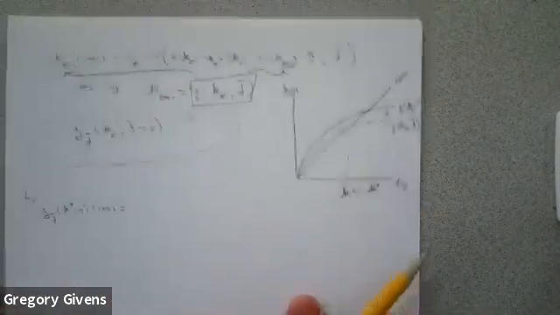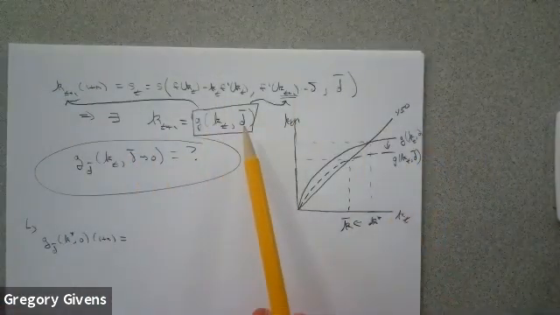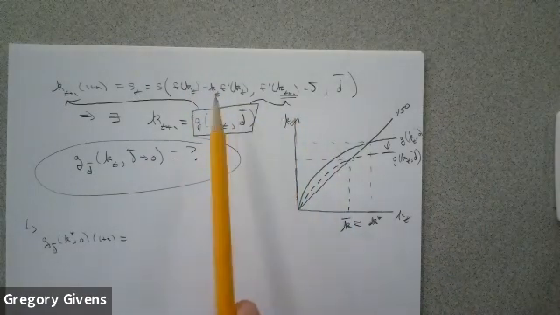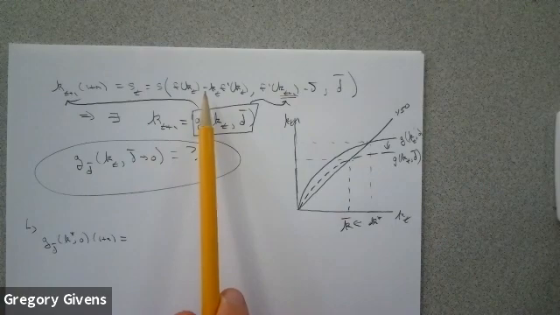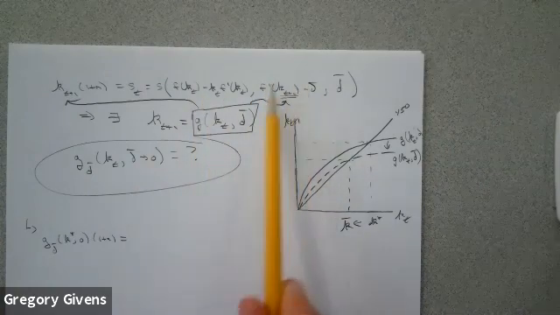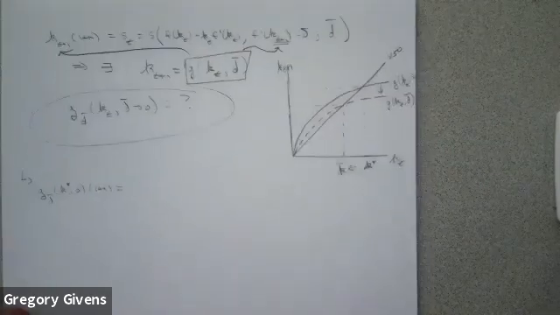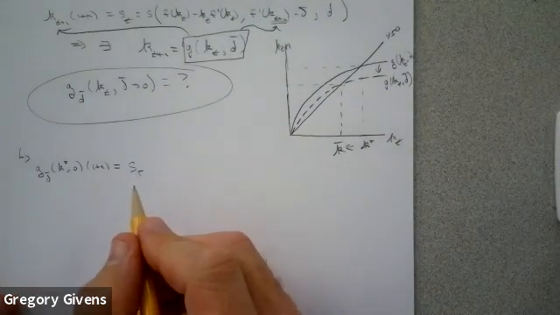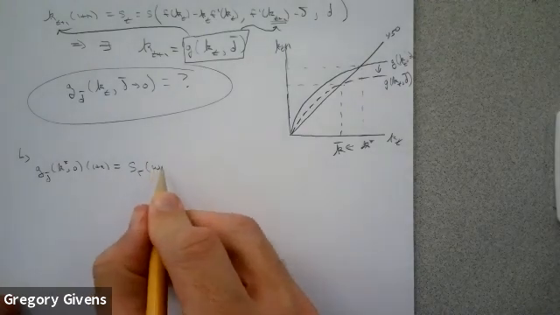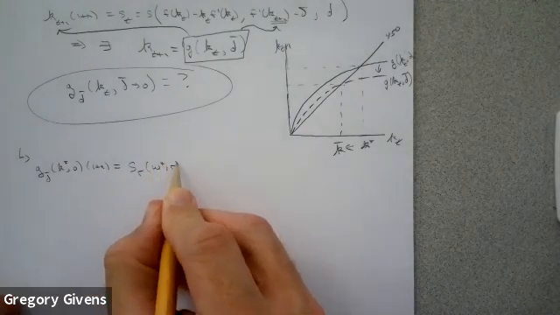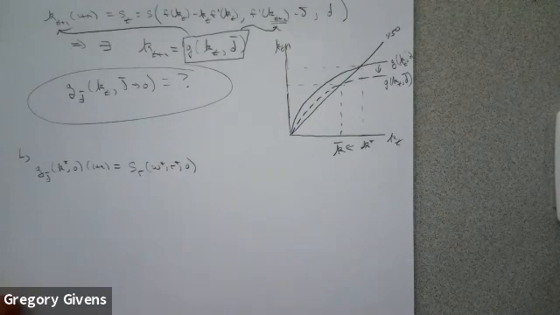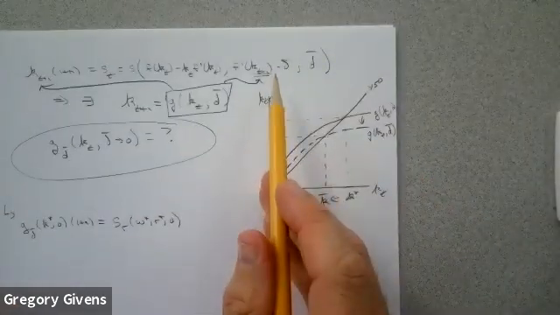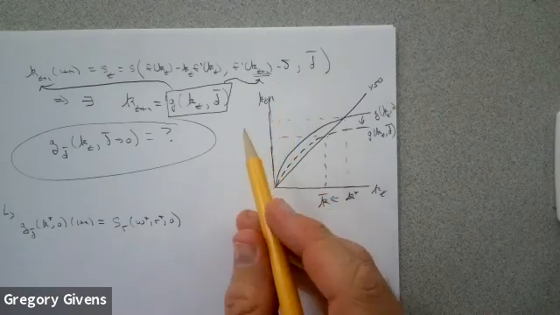I'm going to move back and forth, so just bear with me. Where does d show up in the right-hand side of the above equation? It's not part of the real wage, but it is part of r_{t+1} as well as the third argument. So it would be S sub r evaluated at w star, r star, and 0, times the derivative of r with respect to d. Well, now we're getting a little tricky.